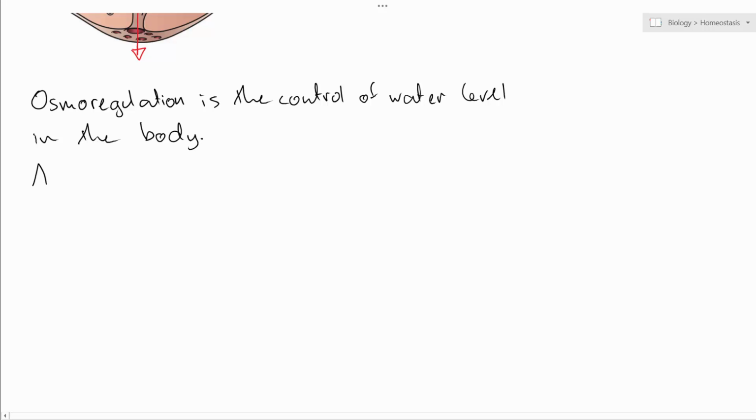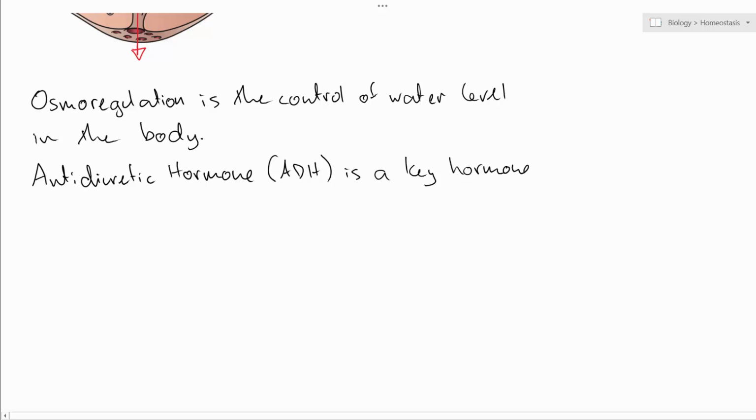So the main thing that we're going to focus on is something called antidiuretic hormone. To make life easier, we'll refer to it as ADH for short. So ADH is a key hormone involved in osmoregulation.